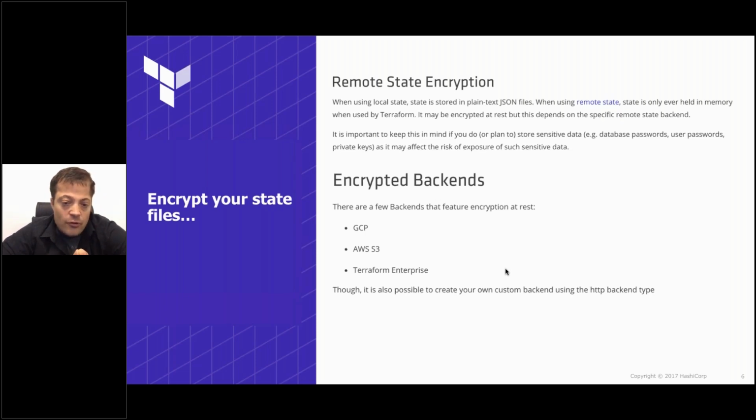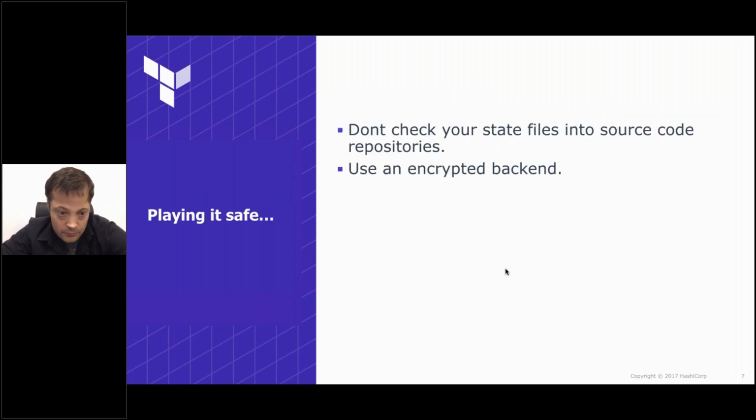GCP and S3 require a little bit more configuration within the Terraform config, but it's super easy to set that up as well. And they provide access control as well. So it's a good idea to use these. So playing it safe, just make sure you don't check your state files in the source code, and make sure you're using an encrypted backend that also has some kind of access control.